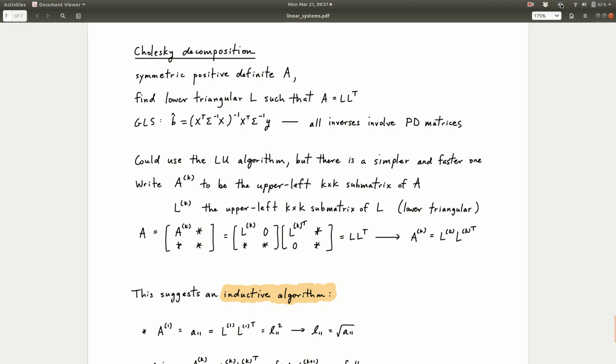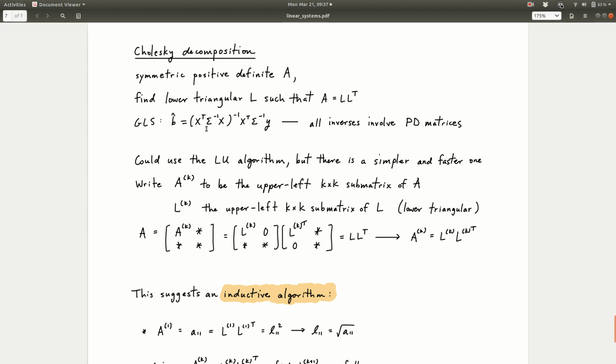Now there are three inverse matrices here. There's sigma inverse, and then this product inverse, X transpose sigma inverse X, all inverse. Well, there's actually only two because the sigma is repeated. So both of these are symmetric positive definite matrices. Sigma is a covariance matrix, which must be, by definition, symmetric and positive definite.